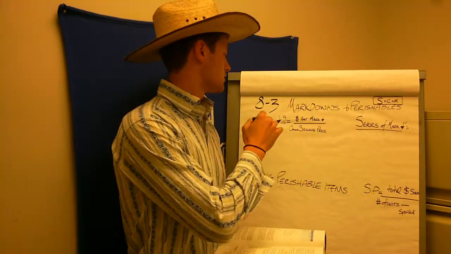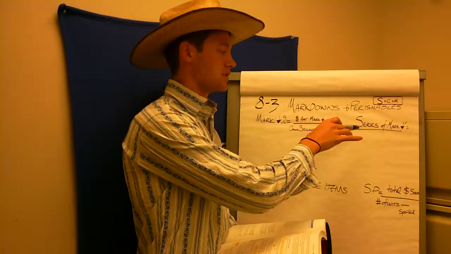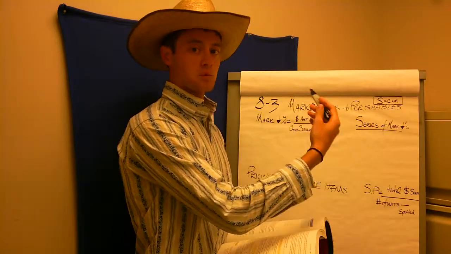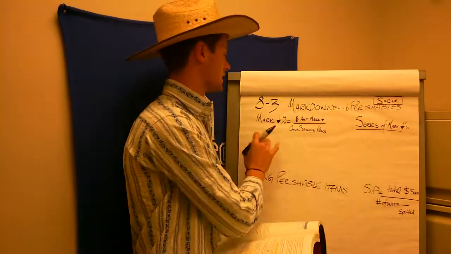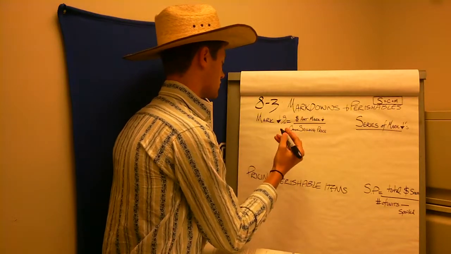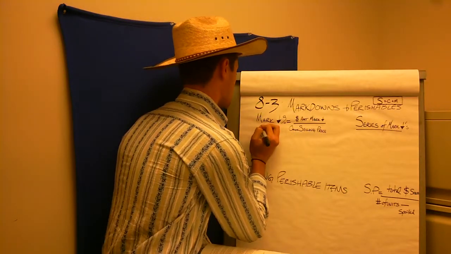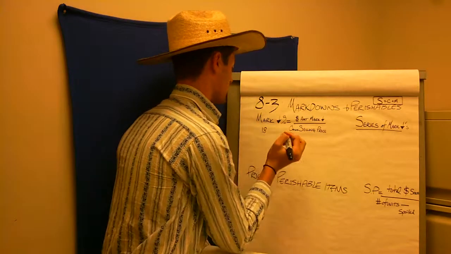You can do it for a single markdown, figure out the markdown percentage, or there's a series of markdowns, and we'll do a problem that focuses on the series of markdowns. If you wanted just to figure out the markdown percentage, as in the example, we had a unit for $18 at Target.